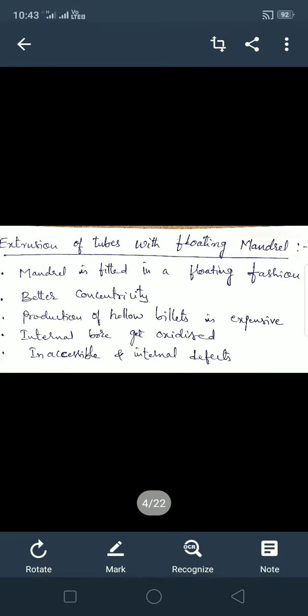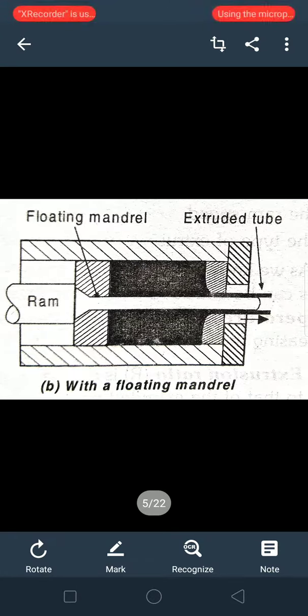The annular gap between the mandrel and the die decides the thickness of the tube to be produced, as clearly shown. However, the floating mandrel adjusts itself with the die hole, therefore the concentricity of the tube to be produced is more accurate than with the fixed mandrel.